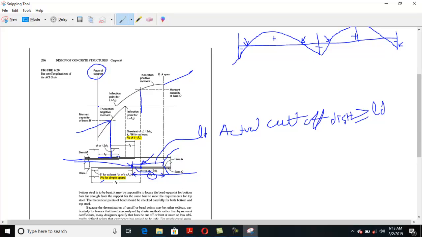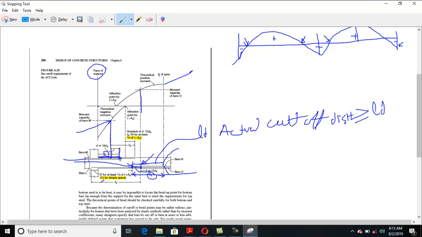Okay, so now this is your actual cutoff point for your negative steel, and this distance is the actual cutoff distance for negative steel, and this distance must be equal to LD or greater than LD.